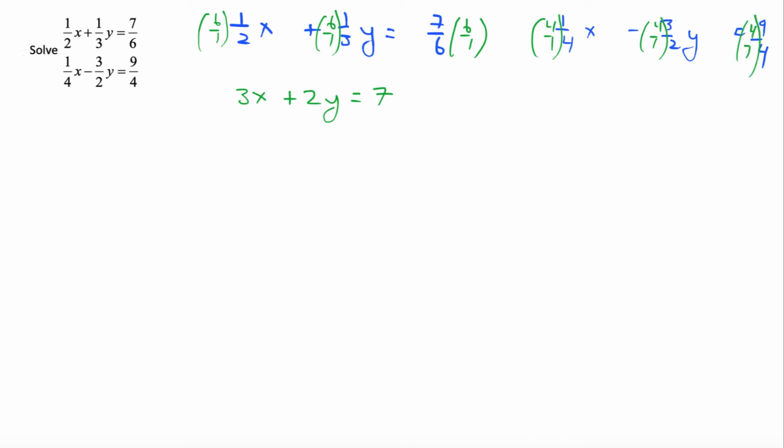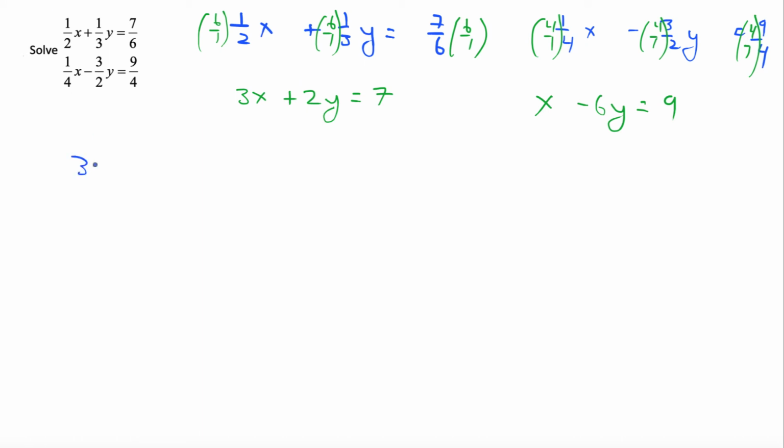Notice what happens here. 4 over 4 is just 1, or just x. 4 times 3 is 12, so 12 on the numerator. 1 times 2 is 2. 12 over 2 is 6y. And here, the 4s just cancel out. Or we could do 4 times 9, so 36 over 4, which is 9. So we get that. So these are our two equations.